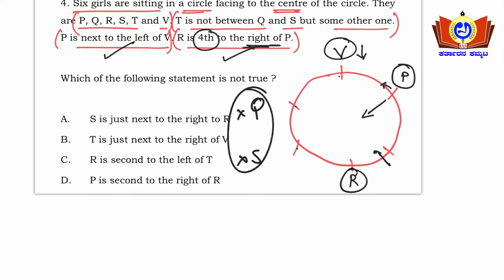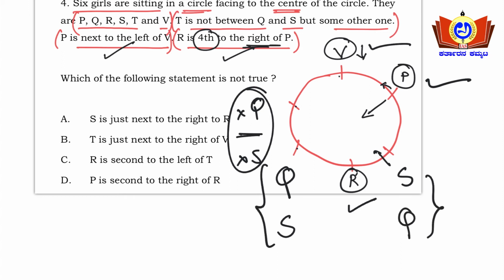They are not neighbors. There is some position between here. Okay, so we got the position P is right and V we got here fixed and R we got here. So Q and S, either it might be Q here and S here, or else S here and Q here. Okay, so these 2 positions will be fixed and the other remaining position will be T here.